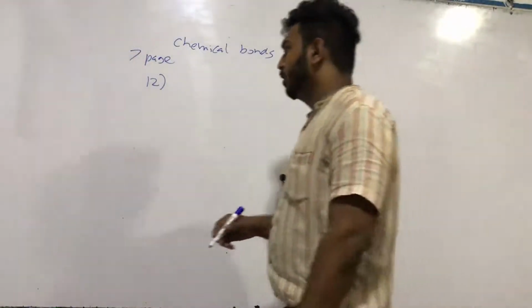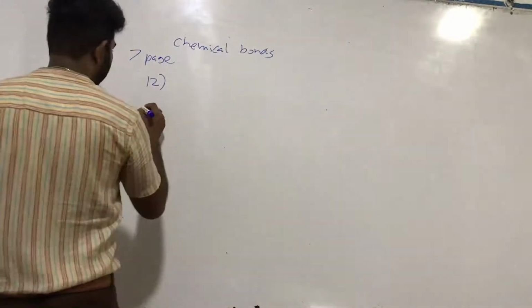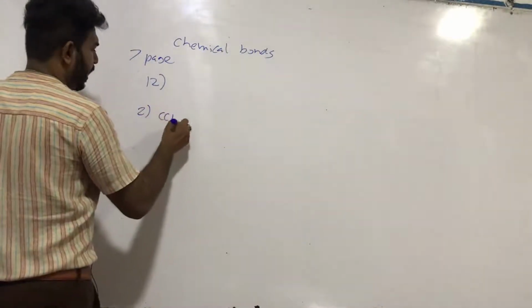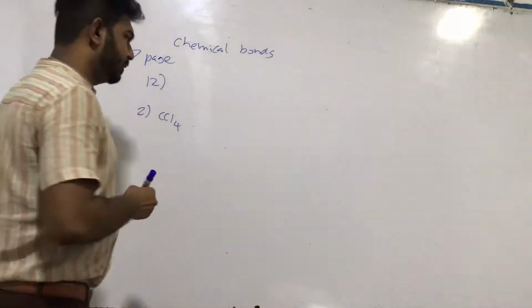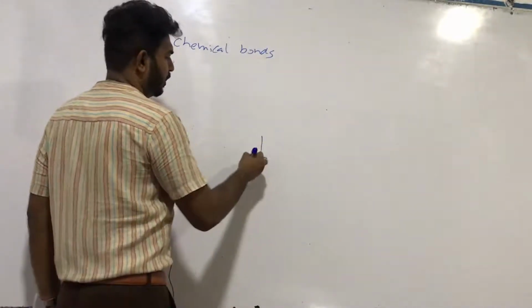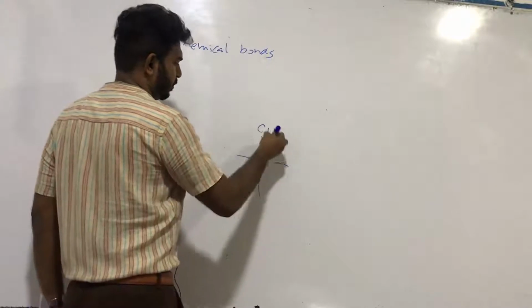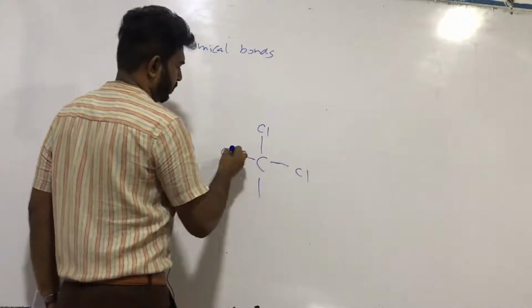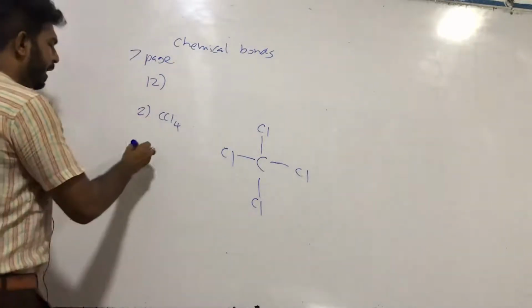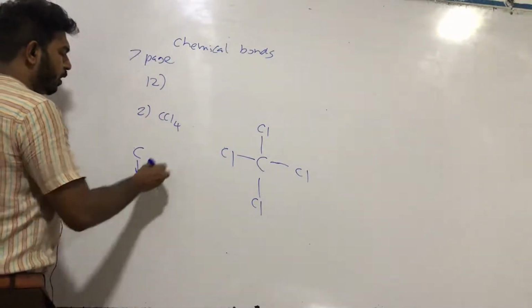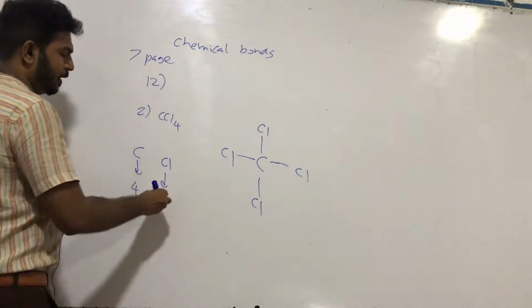Okay, Pute? So I'm going to draw the second one, CCl4. So then the middle atom should be C. So this is the skeleton. Now we know that carbon has the valency of 4, chlorine has the valency of 7.